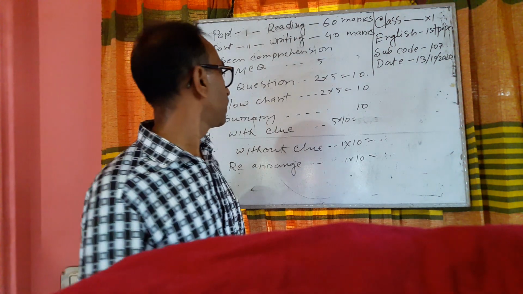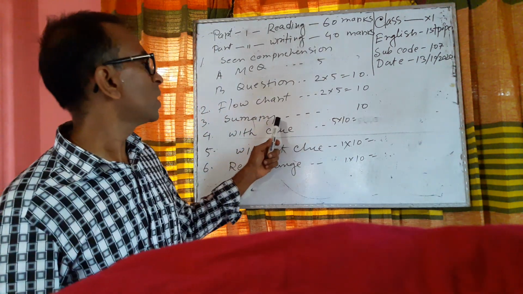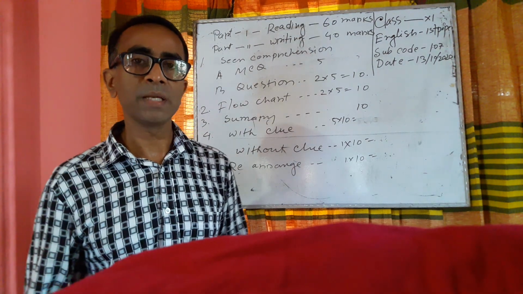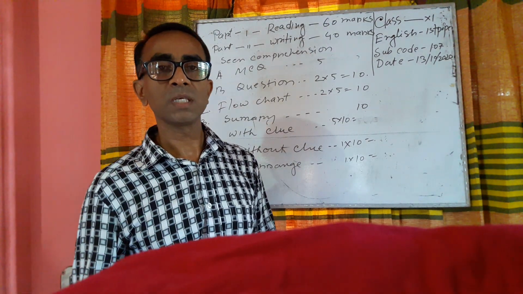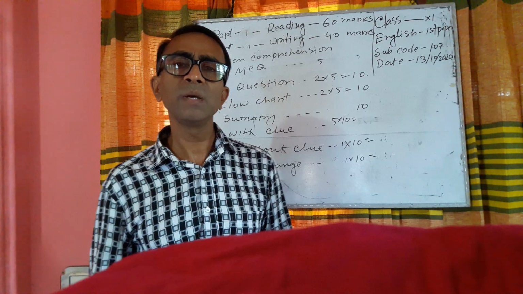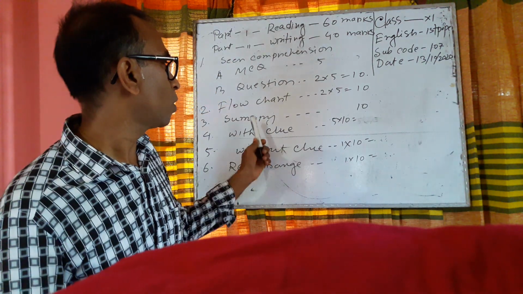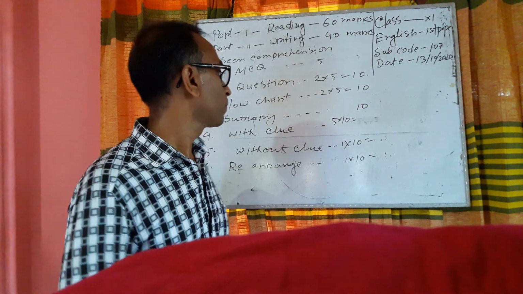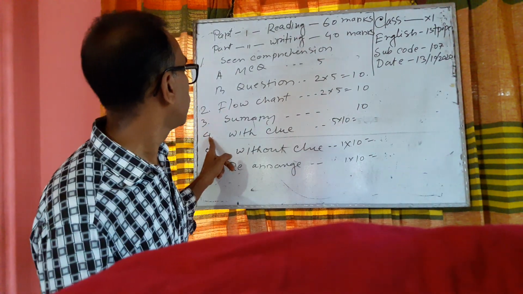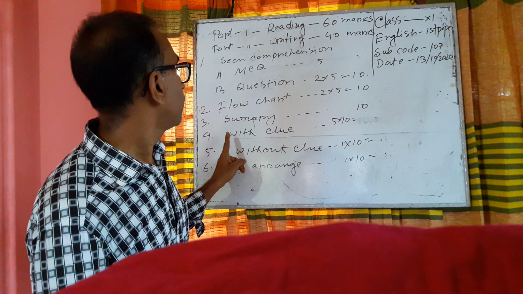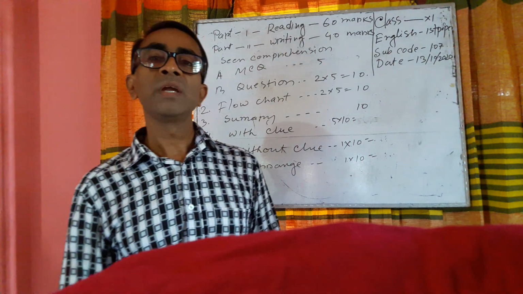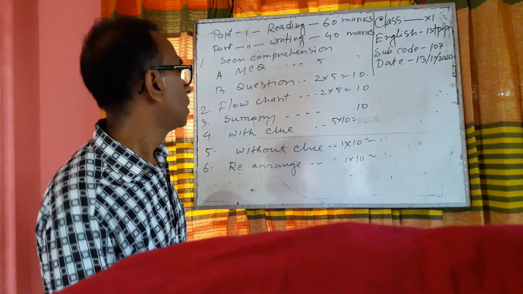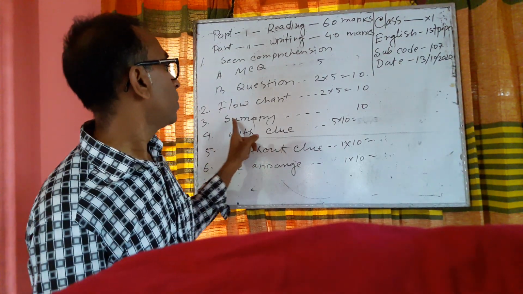Number 3, there will also be a seen comprehension, and you have to write a summary from this comprehension. We know a summary may be 1/3 of the comprehension, and there will be no example. Number 4, there will be 10 gaps, and you have to fill the gaps from a box.